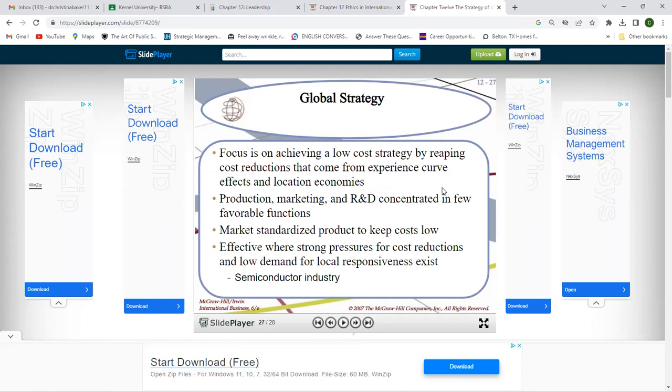Global standardization focuses on achieving a low cost strategy by reaping cost reductions that come from experience curve effects and location economies. Production, marketing, and R&D are concentrated in a few favorable locations. Market a standardized product to keep costs low. Effective where strong pressures for cost reductions and low demand for local responsiveness exist.